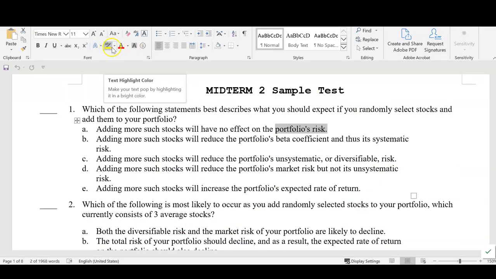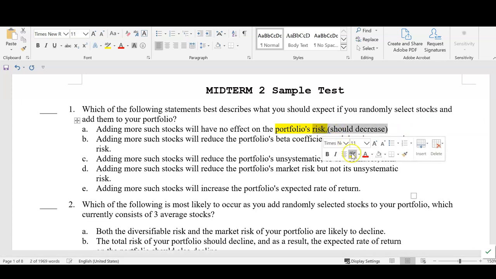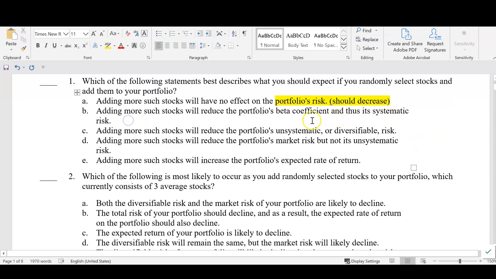Okay, so I will mark here that for option A, our portfolio risk should actually decrease. And option B, systematic risk should not change.